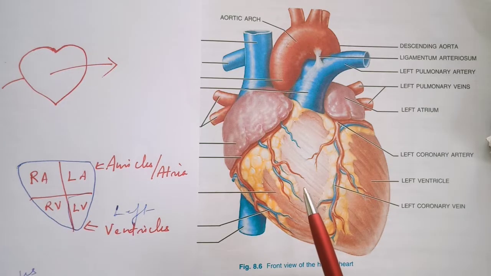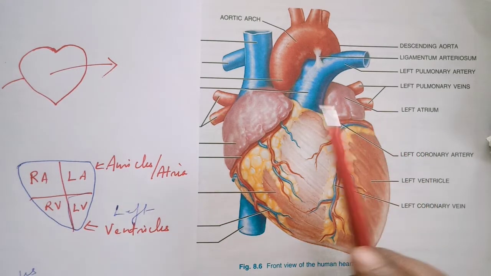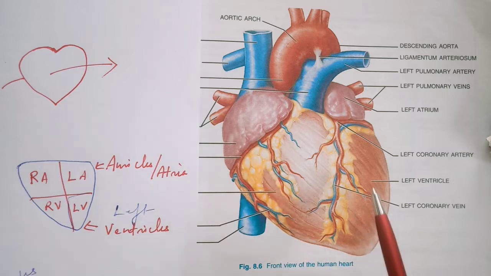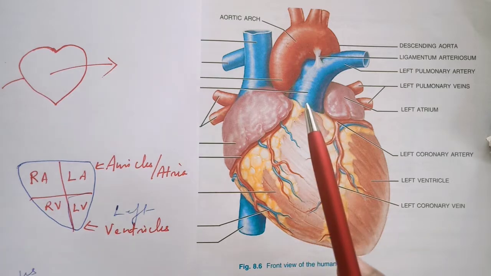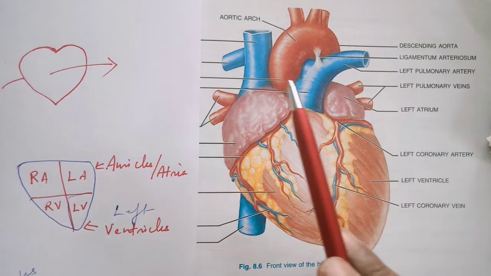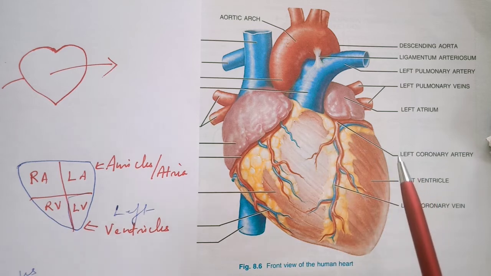This figure gives a very clear picture of the external looks of the human heart. We can very clearly see the left atrium, the right atrium, the left ventricle and the right ventricle over here. We can also see the numerous blood vessels entering and leaving the heart, which we will be discussing later in this video in detail.